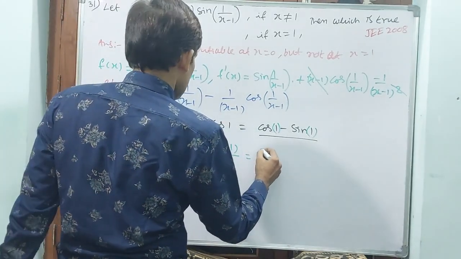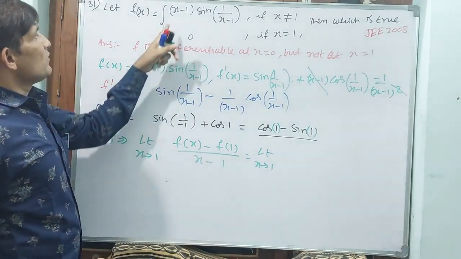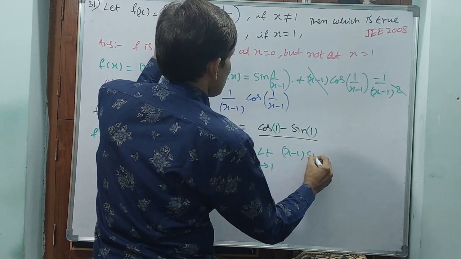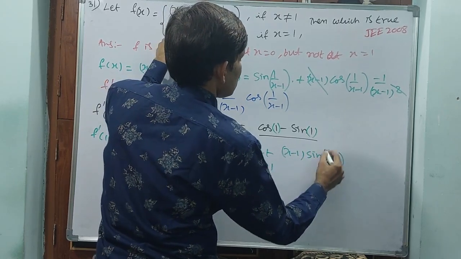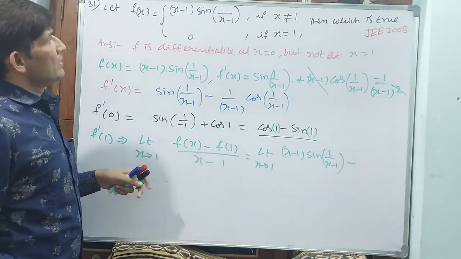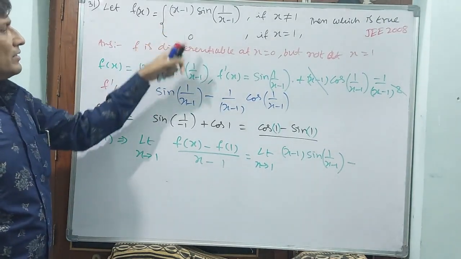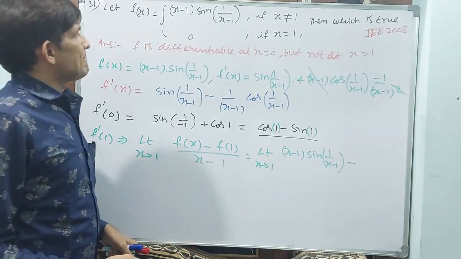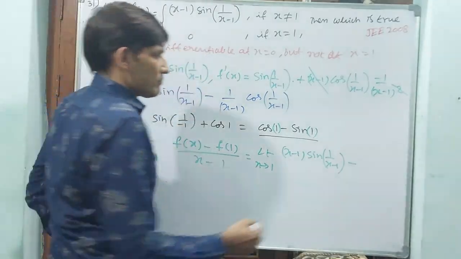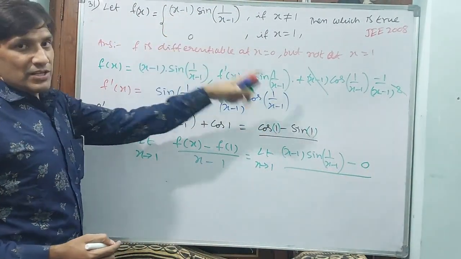That is equal to limit x tends to 1. f of x, you go directly to this one: x minus 1 into sine of 1 by x minus 1, minus f of 1. f of 1 is 1 minus 1, which is 0.